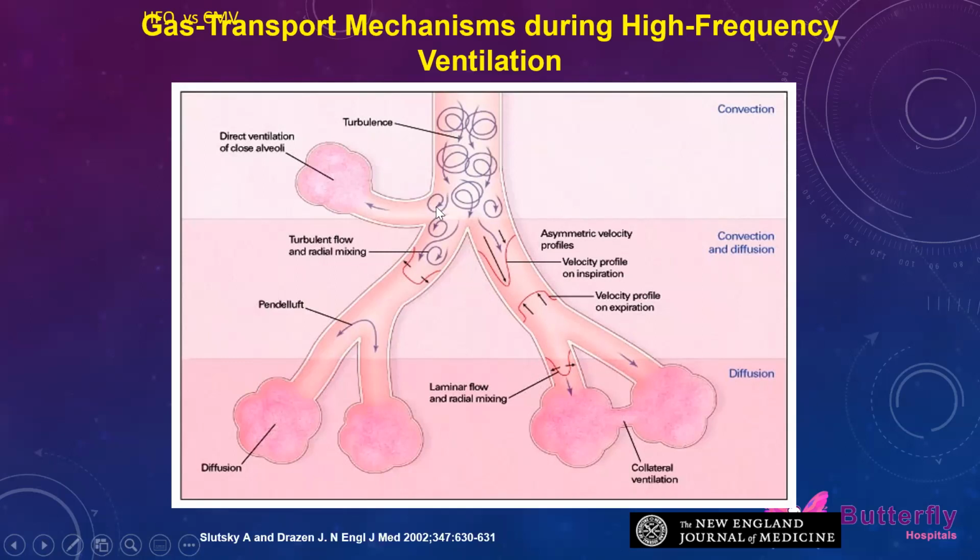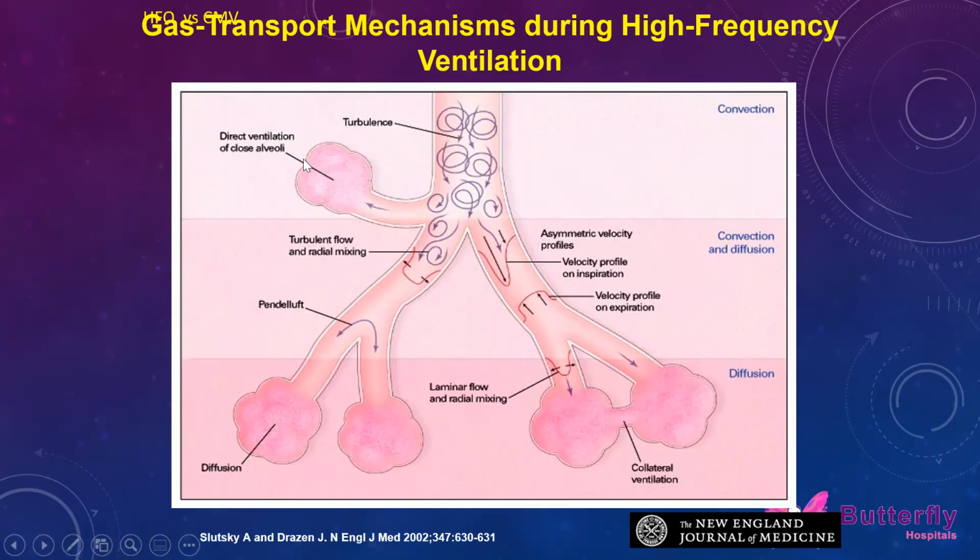The gas exchange happens at this level because of the turbulence, with diffusion, and also at the diffusion level in the alveoli. There's something called the pendelluft effect, which is exchange between two alveoli. For example, if an alveolus is not opened up fully, the pendelluft effect helps both alveoli to remain open during the ventilation.